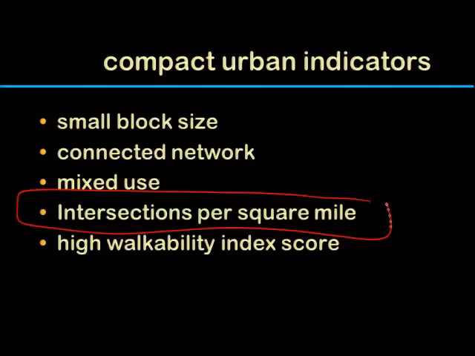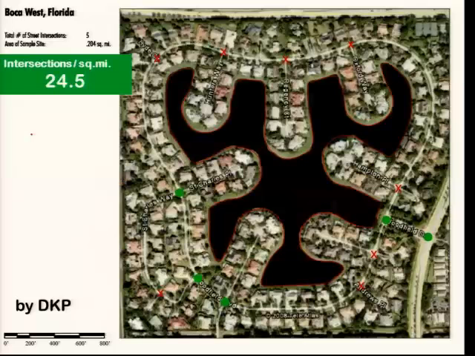But you can do this with any GIS system, any Google map. You can just pull it up, and we have Boca West here in Florida, 25 intersections per square mile. And that's because if you're heading to a cul-de-sac, your intersection doesn't count. That's kind of the rule that we were playing by.